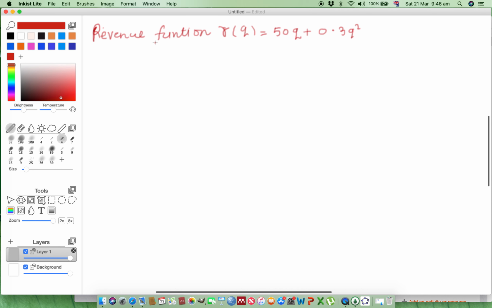And to calculate the marginal revenue, I just need to calculate the first derivative of this revenue function. R prime q is equal to the derivative of R(q) over dq, which is also called the marginal revenue. Now let's find the first derivative by using the power rule.